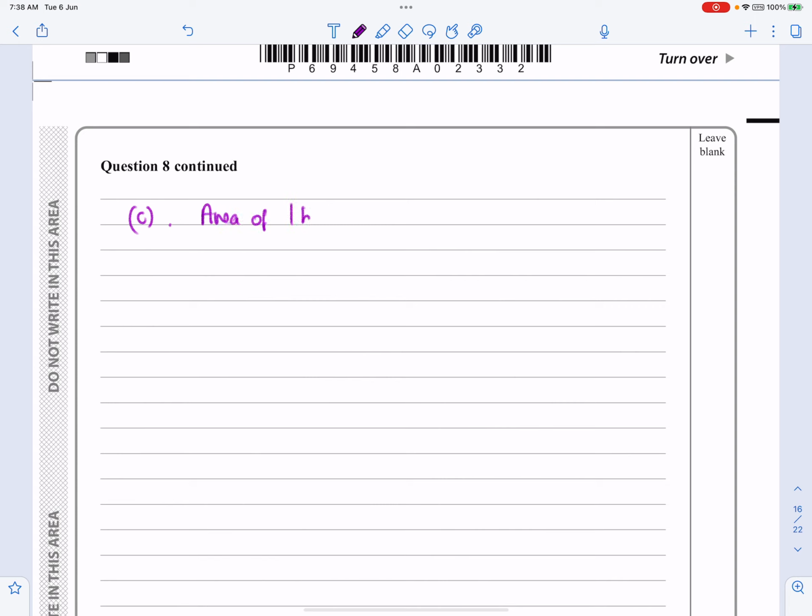Area of one blade is going to be area of sector plus area of sector. And it's going to be half r squared theta plus half r squared theta.